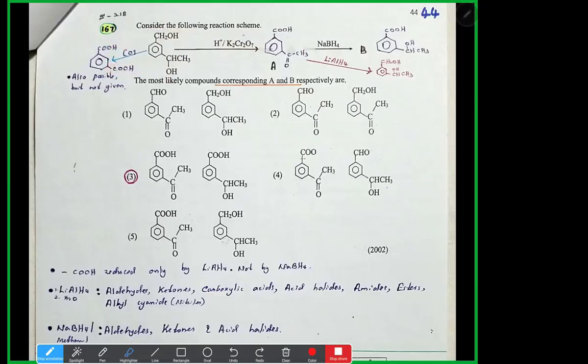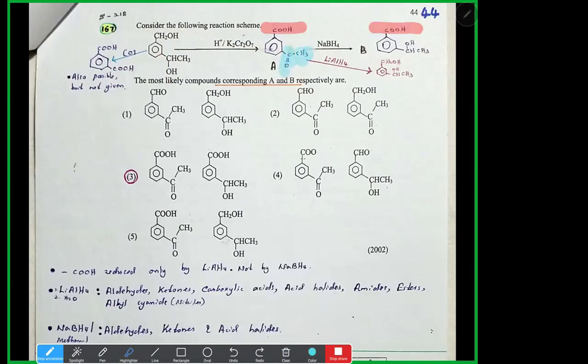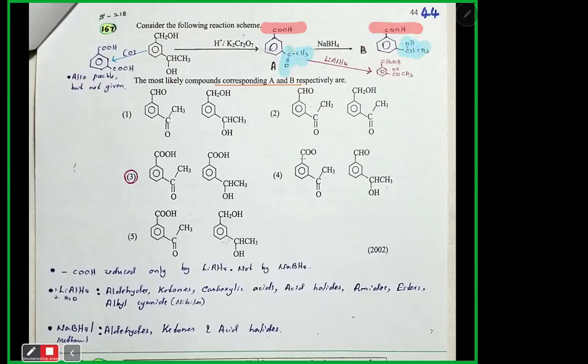But they took this one, leaving this as it is. So I'm going to go as it is. This is converted into CO. Okay. This CO can oxidize to COOH, but they did not take that. Sodium borohydride doesn't do anything with this. Just leave it as it is. But this group is reduced to this. So 167, answer 3.